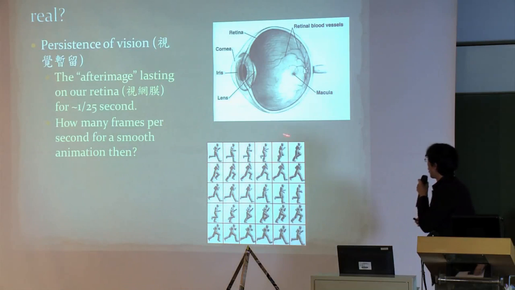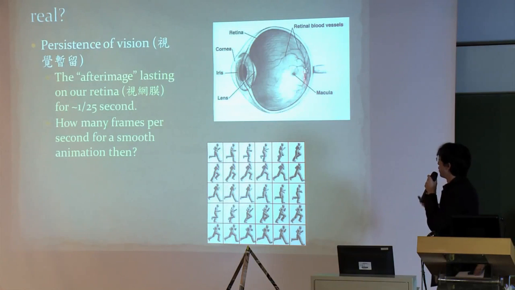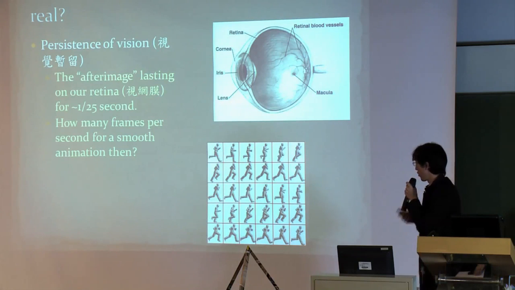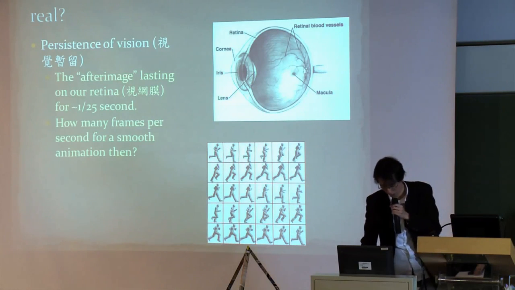I think all of you already know the names of the features in our eyes. The retina collects the light signal, and then the signals go into the optical nerve. This picture is trying to show that within 1 second there are many pictures put into a sequence to give us a very smooth animation feeling.